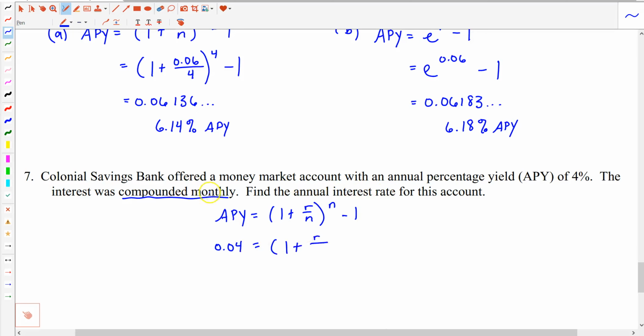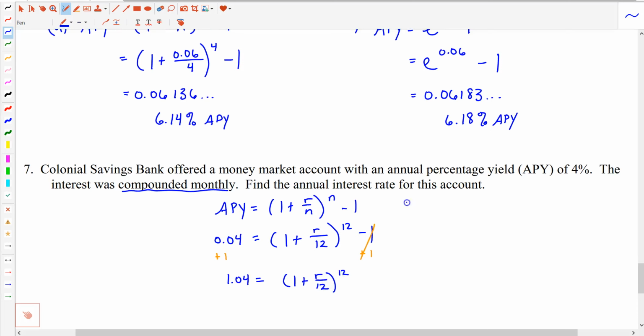The account is being compounded monthly, so n is 12, and it'll be raised to the 12th power and then minus 1. So I want to solve this equation for little r. The first thing I'm going to do is add 1 to both sides to move this. So I would get 1.04 is equal to (1 plus r divided by 12) raised to the 12th power.